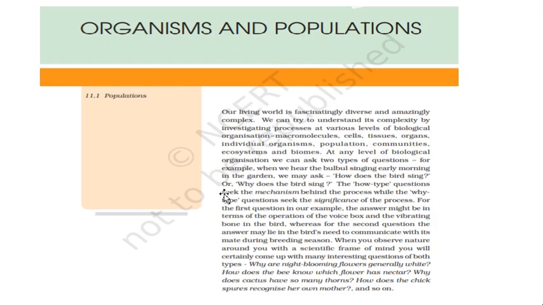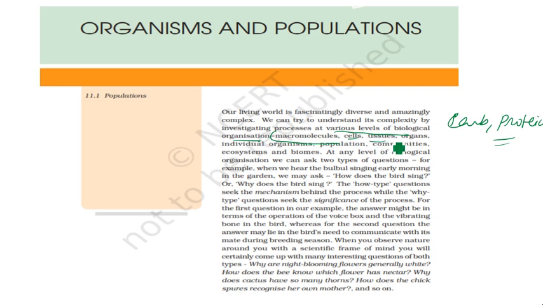Next, move to the next page. This is the first page, and in this particular page, what you need to remember is that there are different levels of biological organization starting from macromolecules. Now, what are macromolecules? We know carbohydrates, proteins, nucleotides, etc. These are all macromolecules.